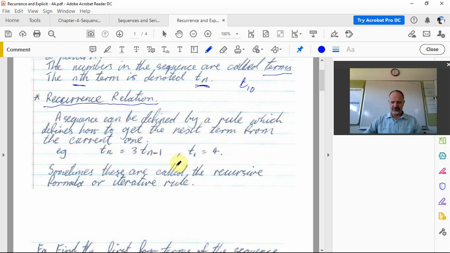Now, this could also be written in this way. Term n plus 1 is 3 times term n, and term 0 is equal to 4.